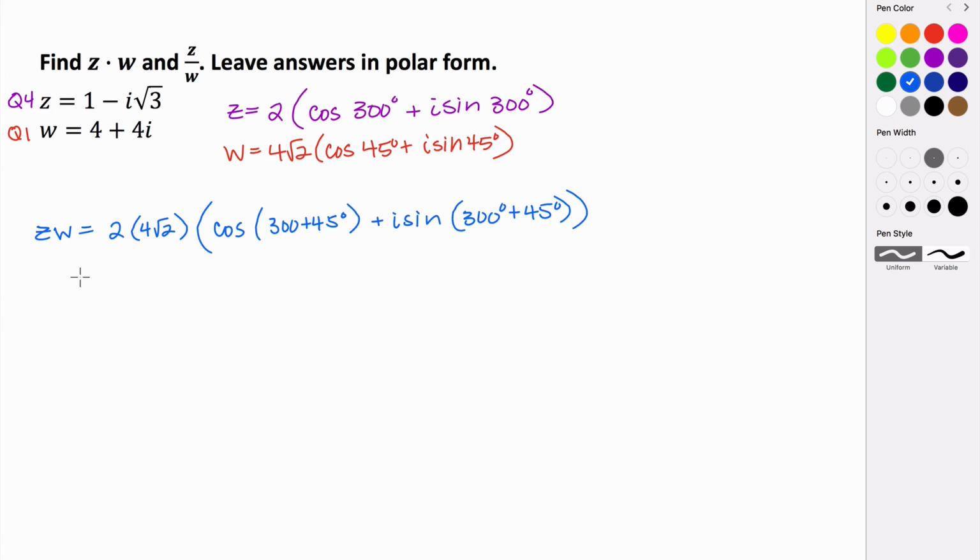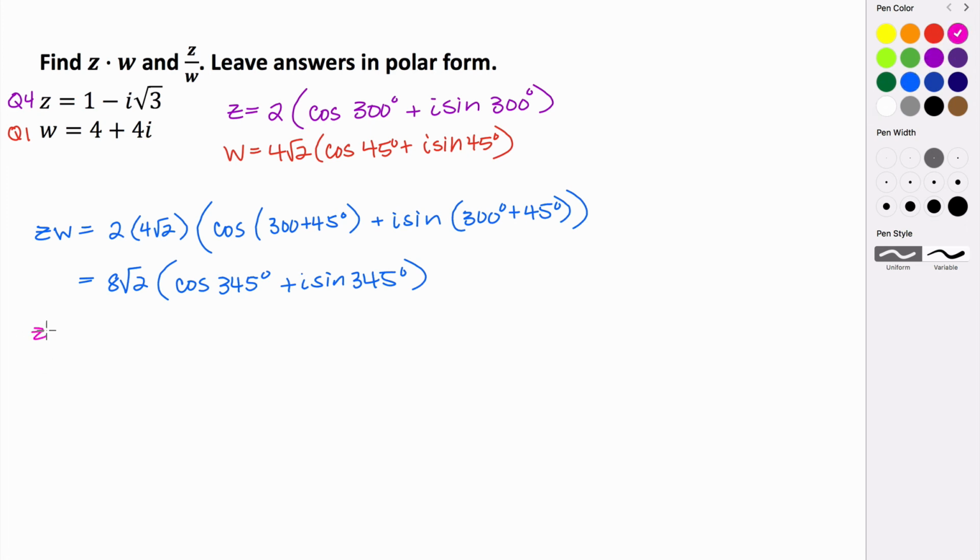So this turns out to be 8 rad 2 times the cosine of 345 degrees plus i sine 345 degrees. So this is the product of z and w, and now let's find the quotient.